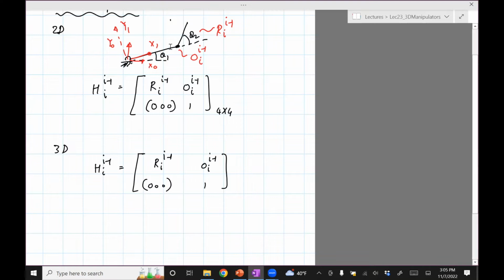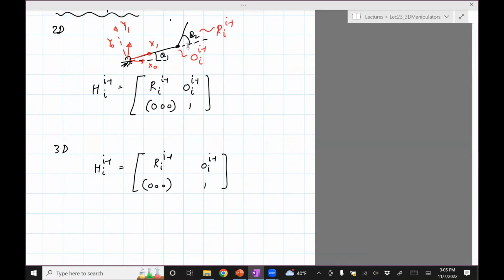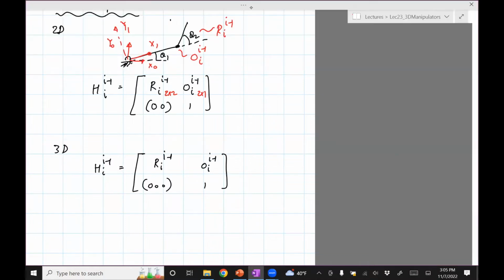Somebody should have corrected me. This is not right. In 2D, we never wrote 4 cross 4. This was 2 cross 2, right? This was 2 cross 1. This was just 2 zeros. It was 1 cross 2, 1 cross 1, and it was 3 cross 3. So here is what I switched by mistake. So this should be 3 cross 3, 1 cross 3, 3 cross 1, 1 cross 1, so 4 cross 4.